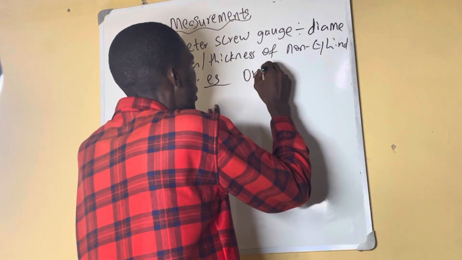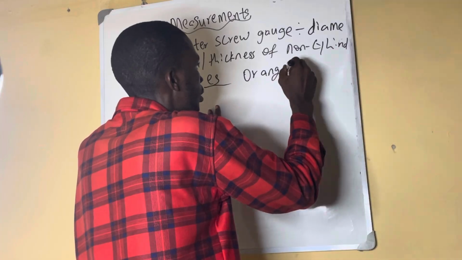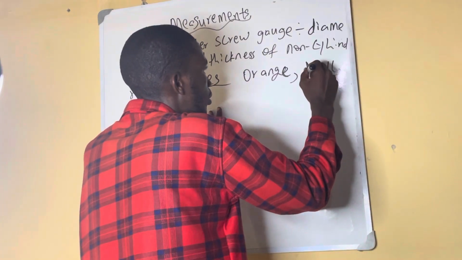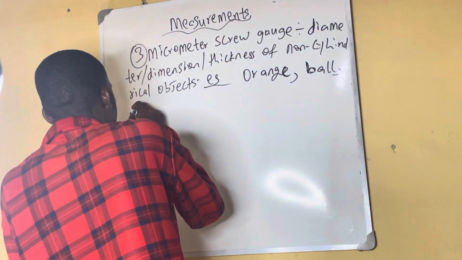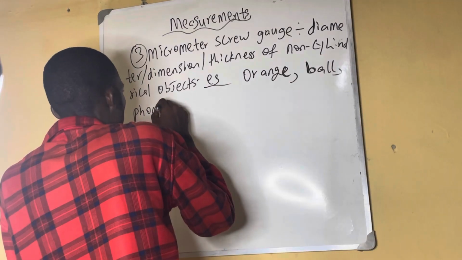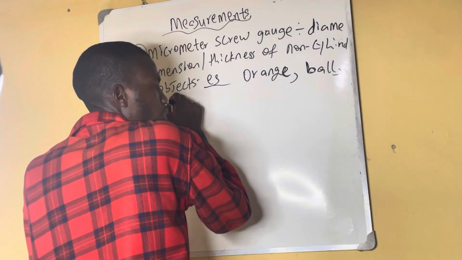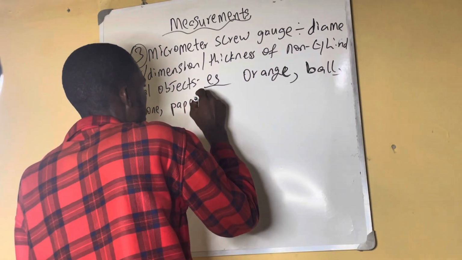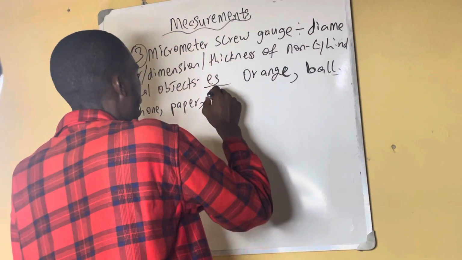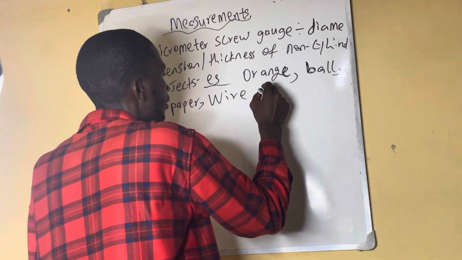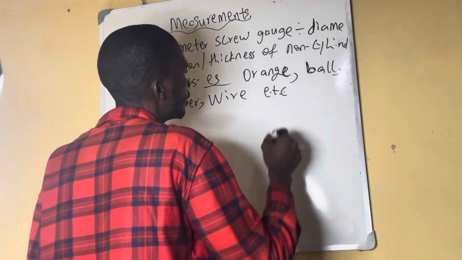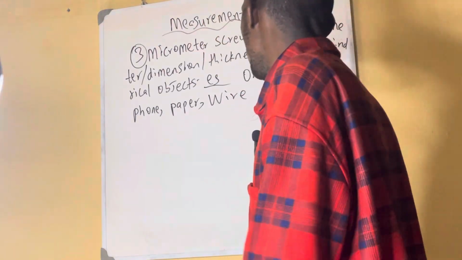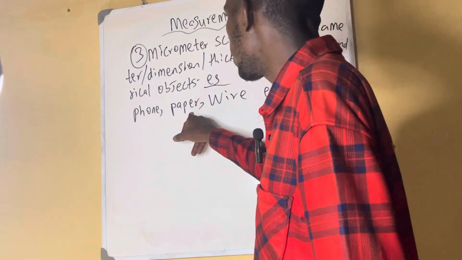We talk about orange, ball, football, your phone, paper, a piece of paper, wire, etc. Whenever you're talking about the diameter, dimension, or thickness of paper, it's only paper that has thickness.